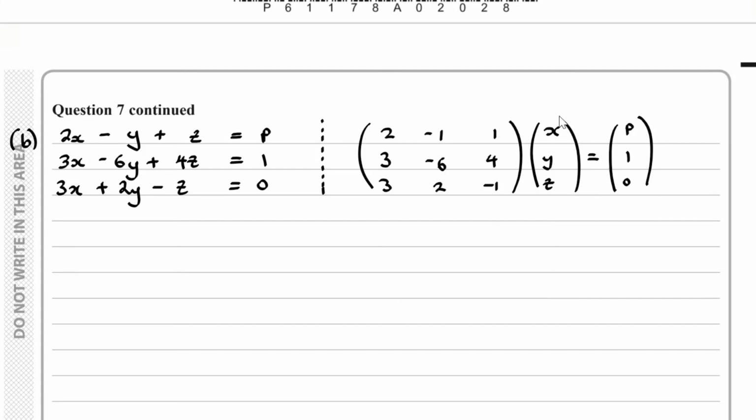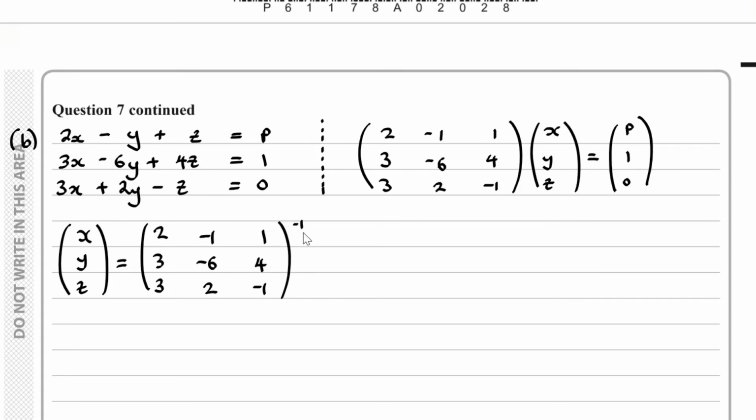To find the values of x, y and z, we would have to find the inverse of this matrix and multiply it by this vector. So (x, y, z) is equal to the inverse of (2, -1, 1; 3, -6, 4; 3, 2, -1) multiplied by (p, 1, 0).